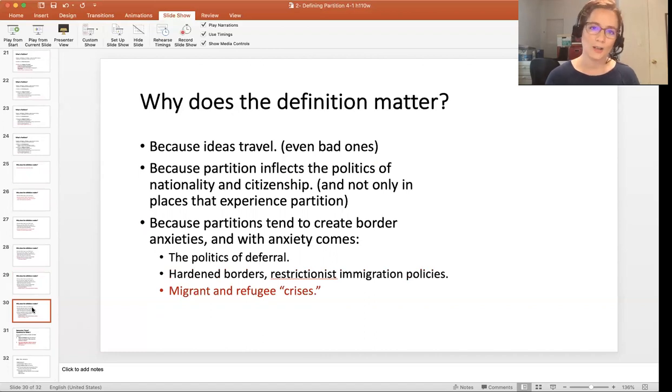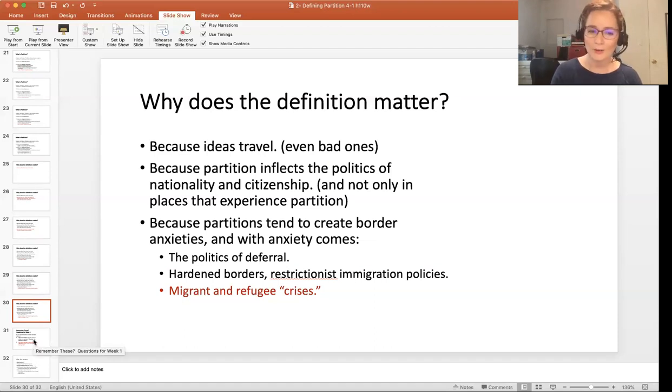And then finally, we see ideas about migrants and refugees being dangerous. We see the production of migration and refugees as a crisis. We see a crisis politics emerge around migrants, migration, immigration, and refugees. And so this is the final reason why our definition of partition matters.